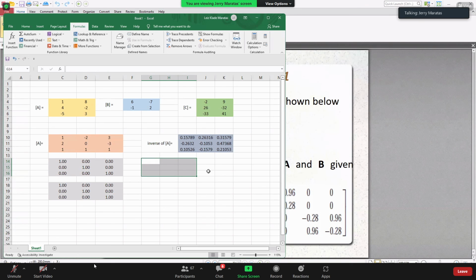Okay, so that's the purpose of pressing Control Shift Enter.